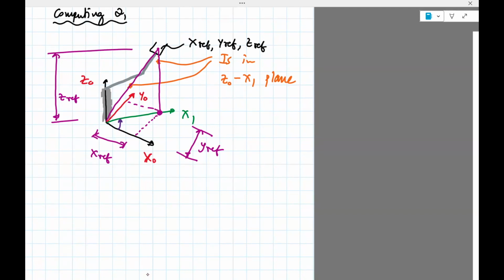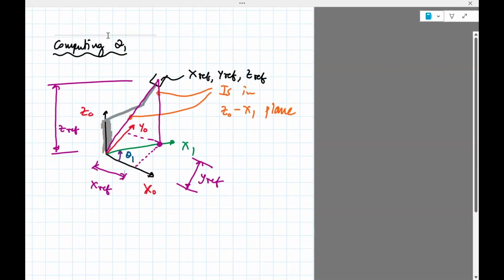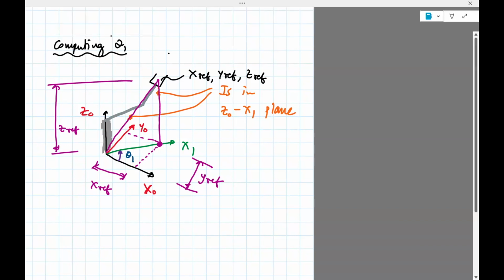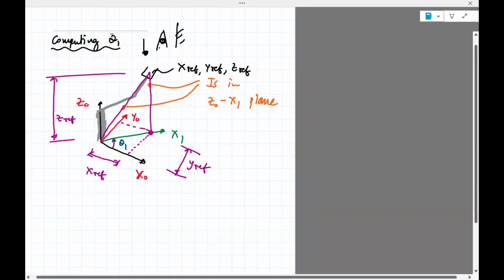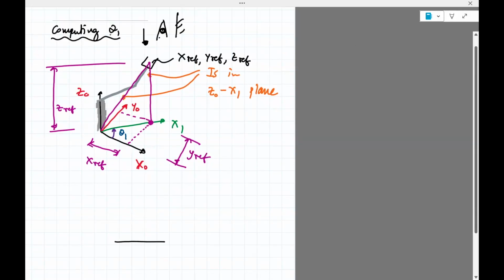Okay, now from this figure, we can do something neat. This is theta 1. So I'm just going to draw a view of this from the top. If you are looking at it from this way, that's the top view, you would see something like this: x0, y0, x1.